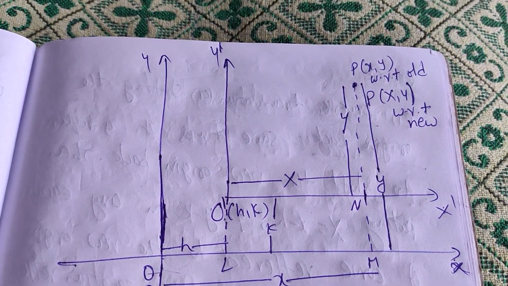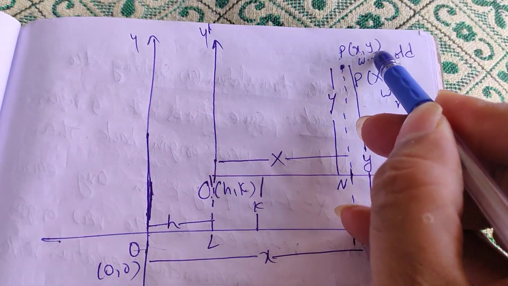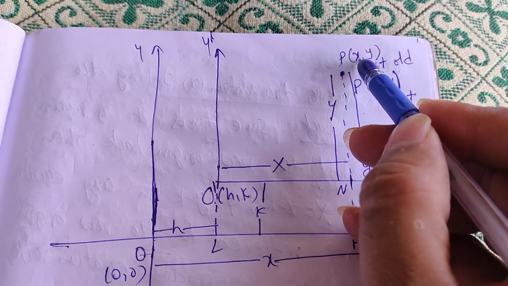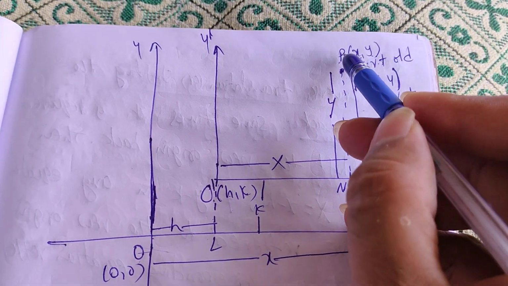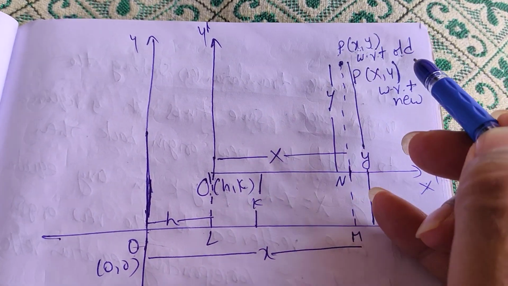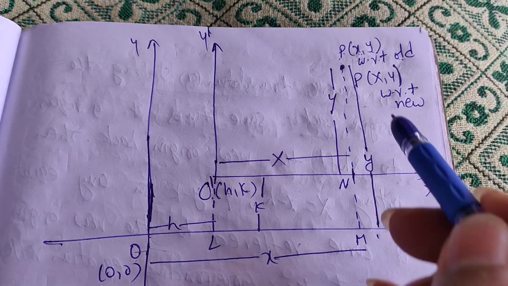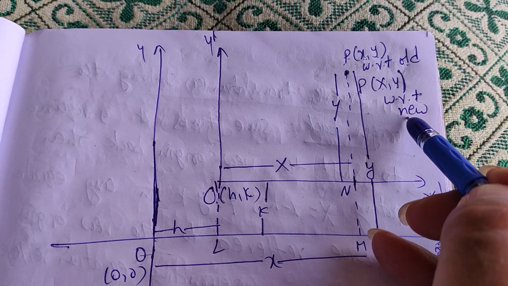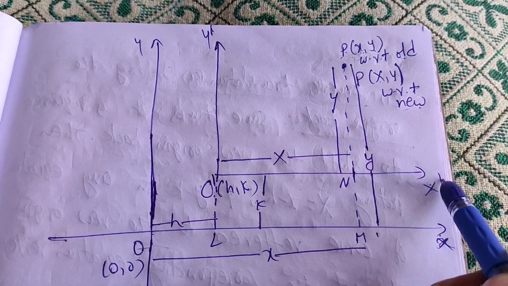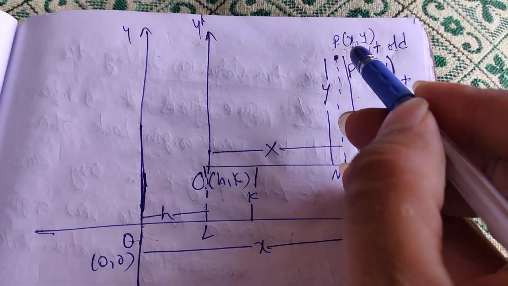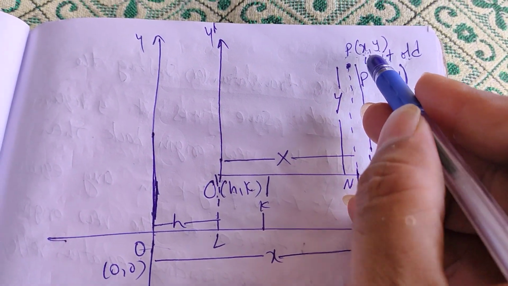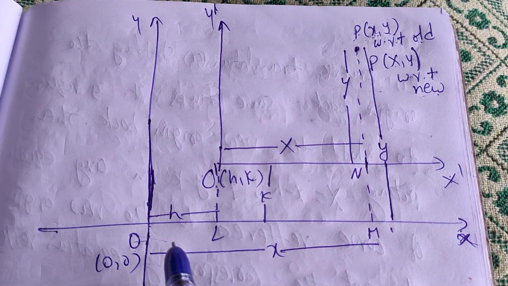Now this point P, small x comma y, is nothing but the coordinates of P with respect to the old coordinate axis. The same P I am going to denote with capital X comma Y with respect to the new coordinate axis. To decide this small x comma y, you have to observe the original coordinate axis.